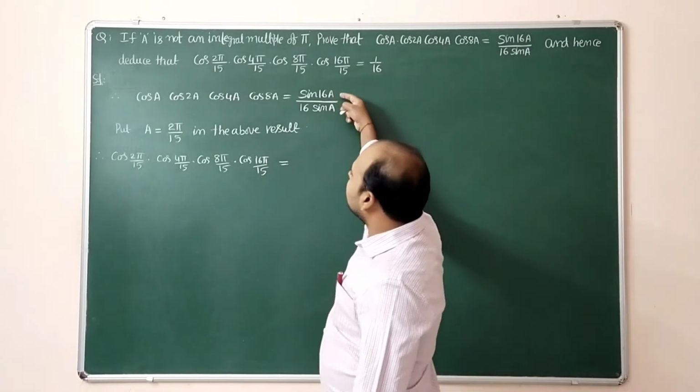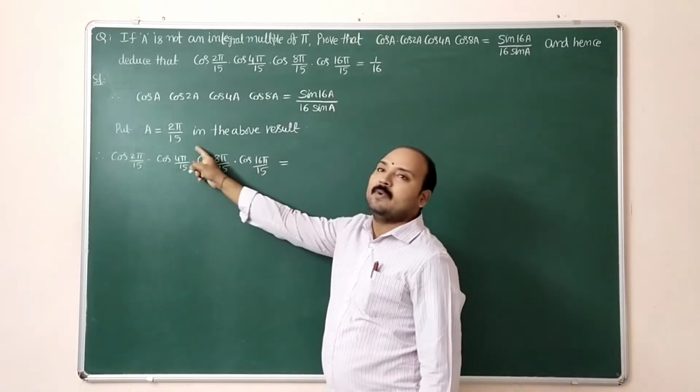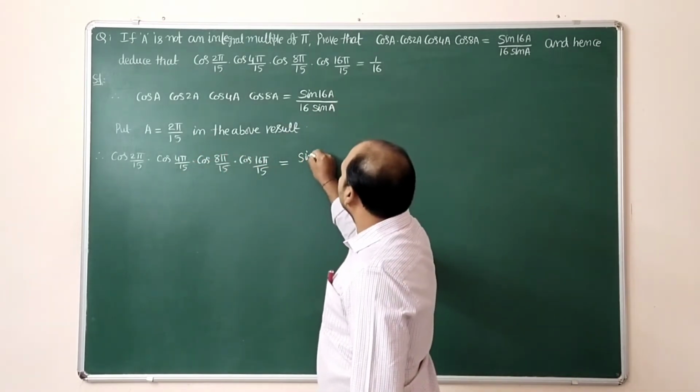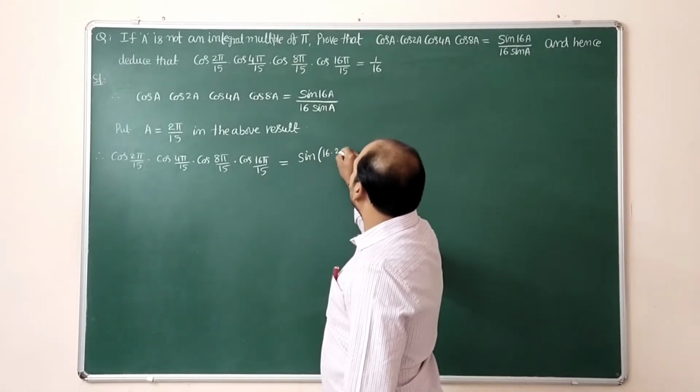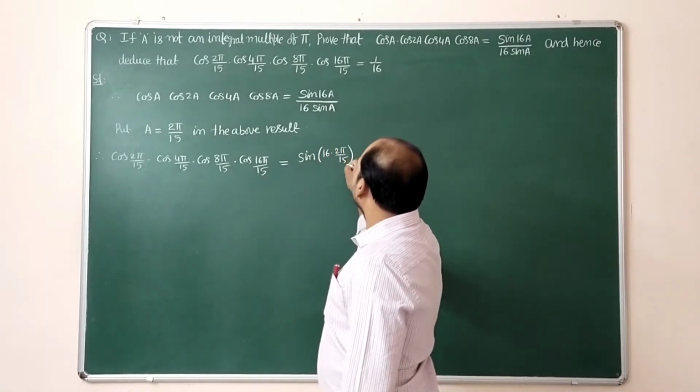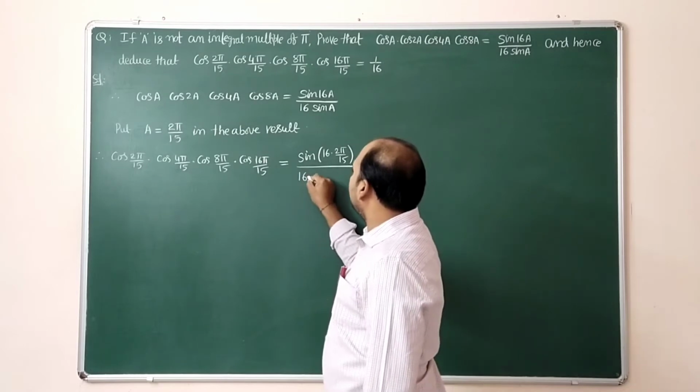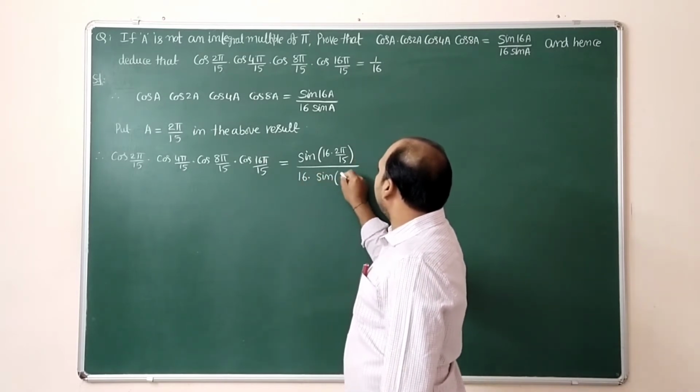So in the RHS also, wherever A is there, you have to replace with 2 pi by 15. So sin of 16 into 2 pi by 15 whole divided by 16 times of sin 2 pi by 15.